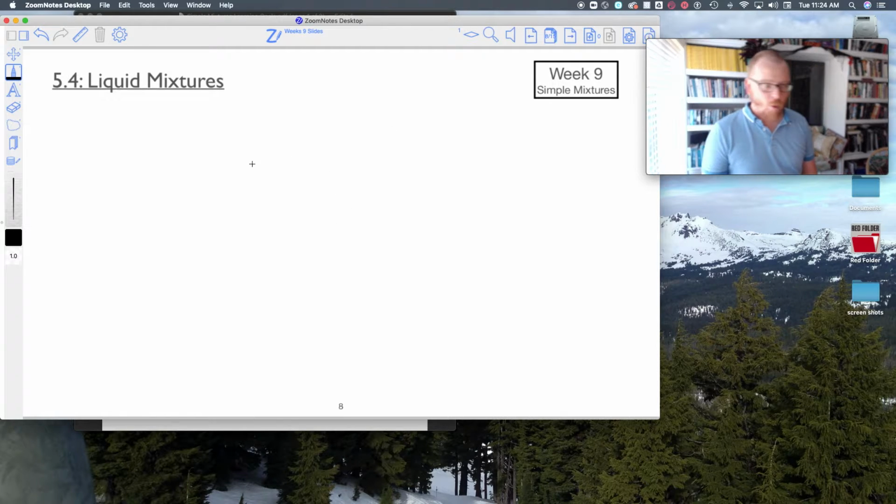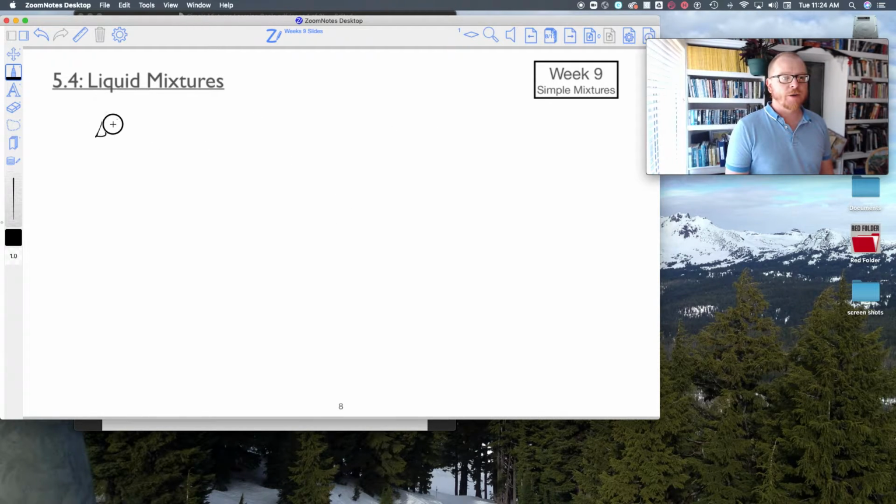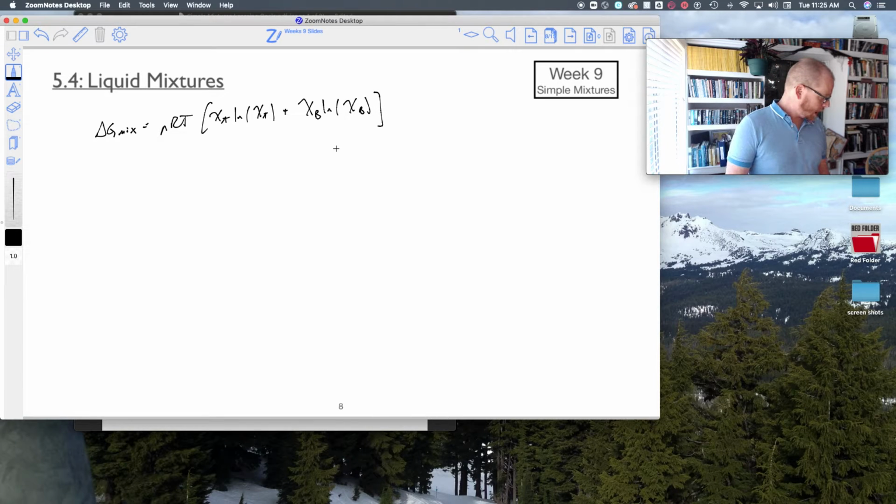Okay, so I came up with an equation here earlier. Delta G of mixing equals nRT times chi A natural log of chi A plus chi B times natural log of chi B. So this is just a good little quick review. And we also wrote up this equation, delta S of mix, which we know is just negative d/dT of this equation.